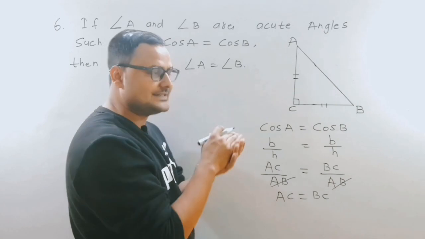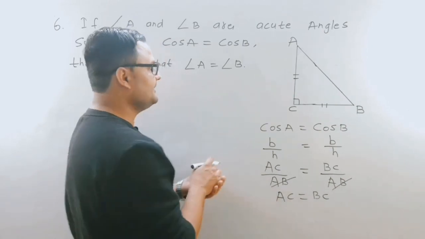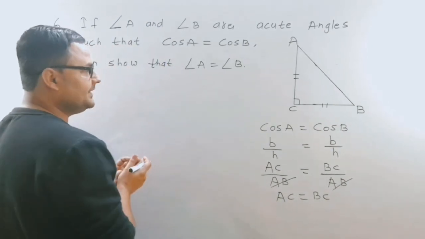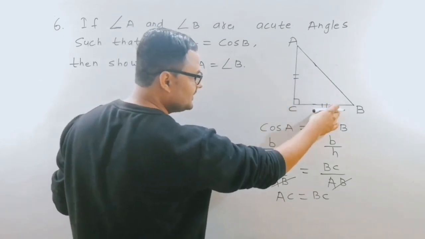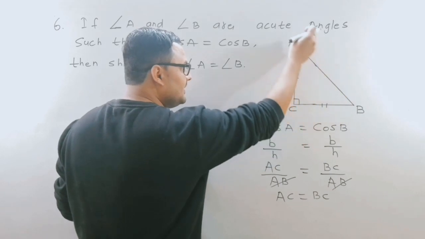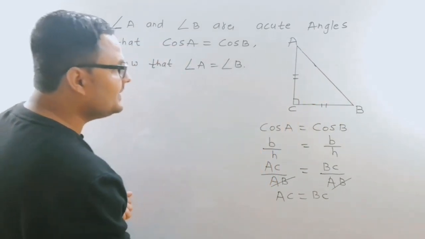Now just go to the flashback, class 7, class 8, class 9. Isosceles property: in a triangle, if we have two equal sides, then the opposite angles are going to be equal.